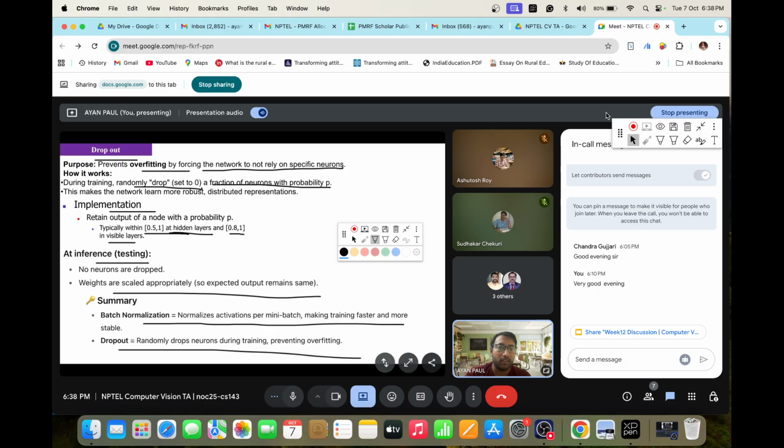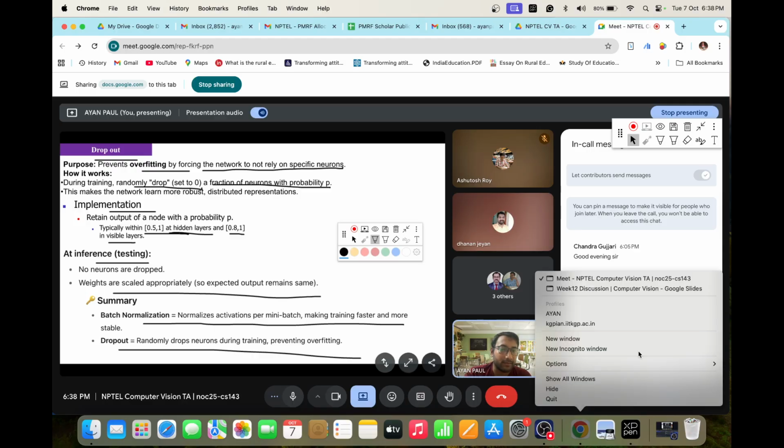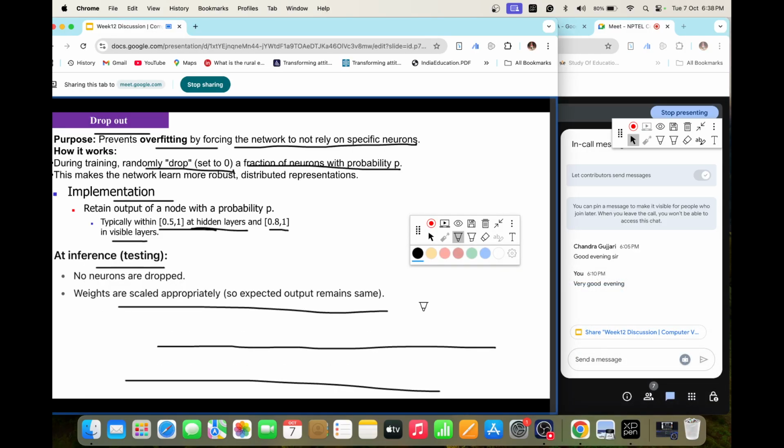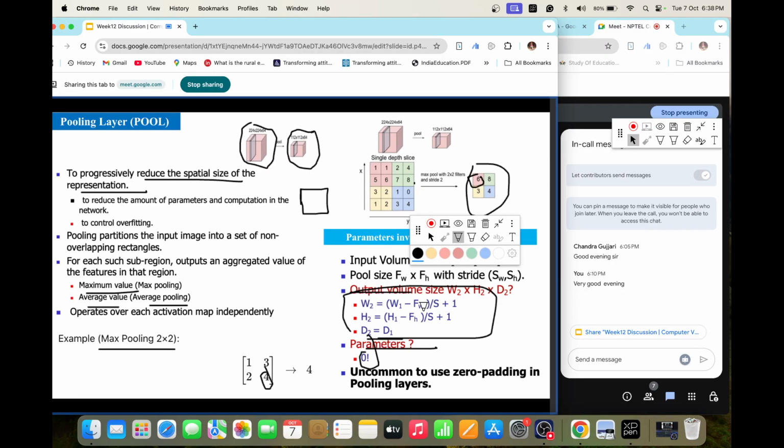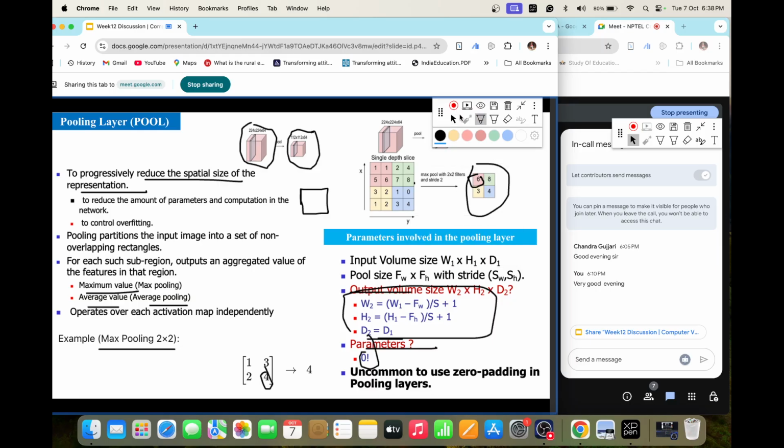Sir, I have one doubt in the pooling layer. Yes, can you go to the slide? You put the formula for W2 and H2, and in the denominator, is it S or SW, sir?